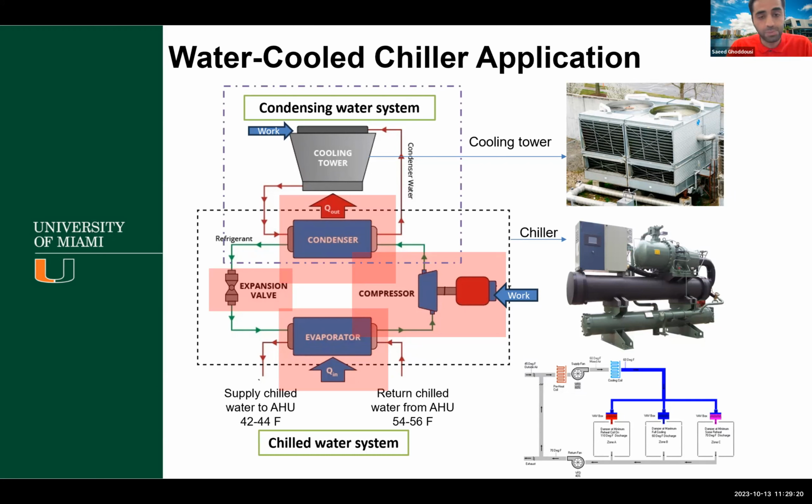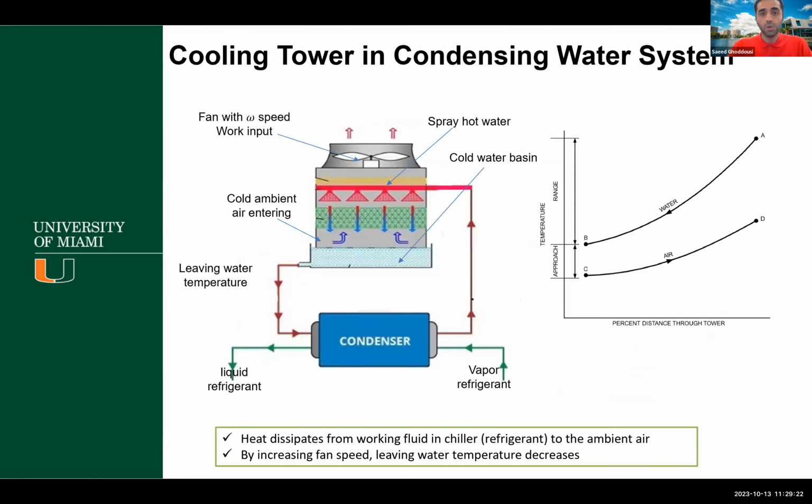And we would like to focus more on this part. In the condensing water system, the cooling tower's role is very critical. When we are talking about the condenser, the vapor refrigerant goes inside the condenser and rejects heat to the one closed-loop water cycle that you can see with the red line here, and turns to liquid refrigerant.